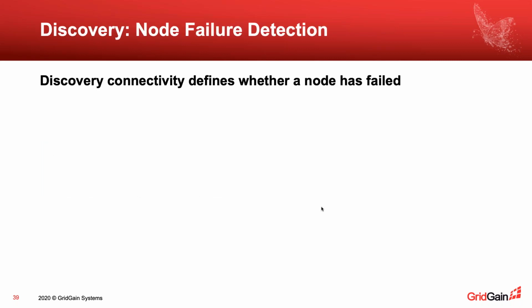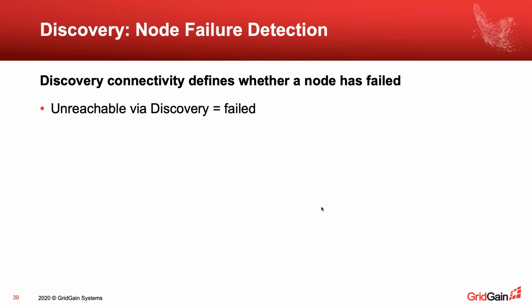So how is failure detection implemented in Apache Ignite? As we have said earlier, discovery is what handles failure detection in Apache Ignite. And in Apache Ignite, we say that a node has failed if we can't connect to it via discovery.